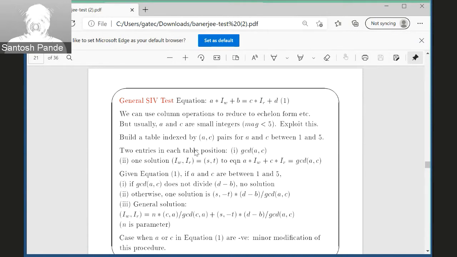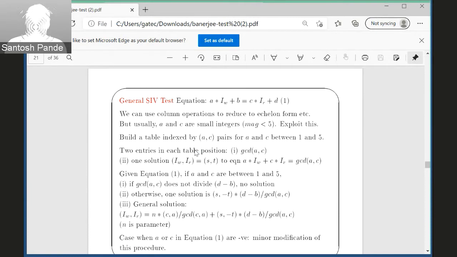So you can see here that one solution to this equation could be A times IW and C times IR, which is equal to the GCD of those.